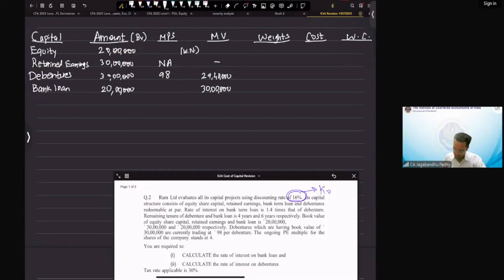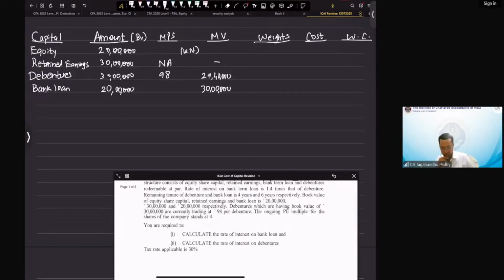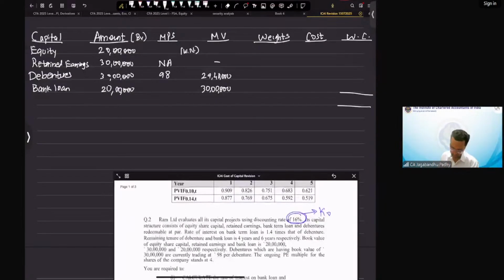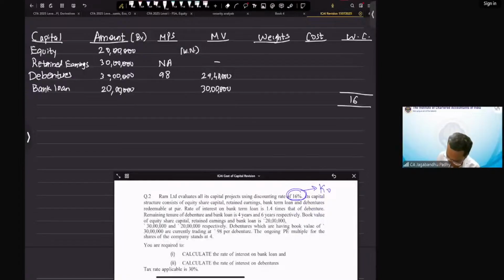Now, do we have the tax rate given to us? Yes, tax rate is 30%. So we need to know that the rate of interest on debentures and that of bank loan is going to be computed, and the final weights into cost. This number stands as 16%. Weights into cost stands as 16%. I need to have the cost values available with us, and also the weights.